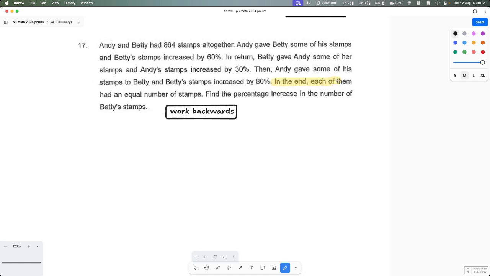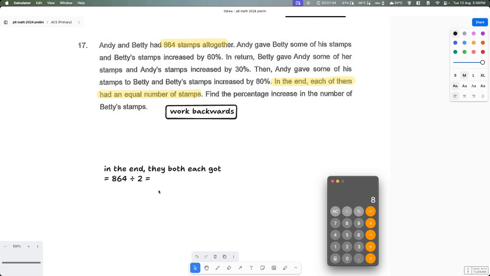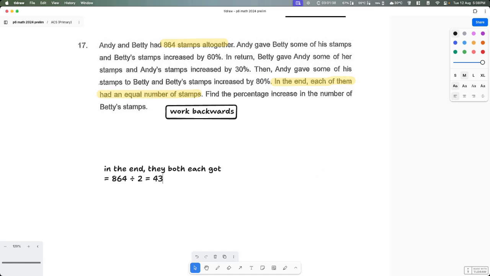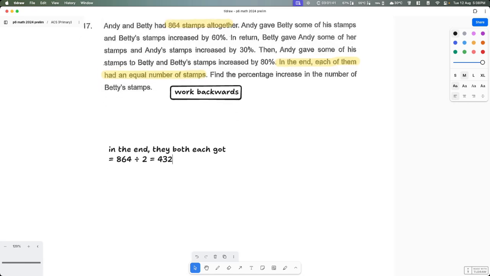In the end, each of them had an equal number of stamps, and we know that altogether they have 864, and they didn't give anything away. So in the end, they each got 864 divided by 2. Let's calculate: 864 divided by 2 is 432. They both each got 432.